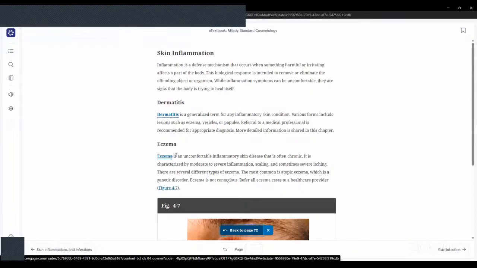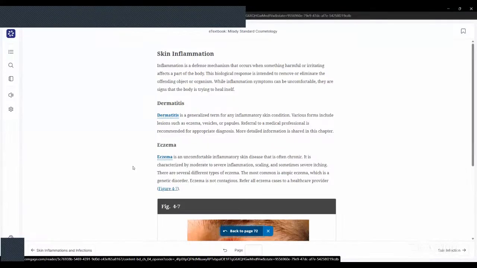When you're dealing with eczema, it's an uncomfortable inflammatory skin disease that is often chronic. Okay, I didn't get eczema until I turned 30. I didn't know what was going on, but the back of my knees, the creases of my arms used to be really bad.